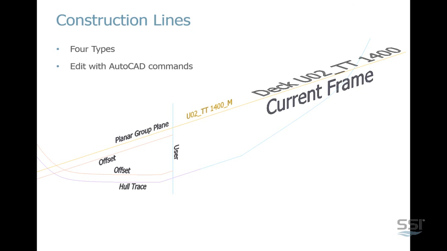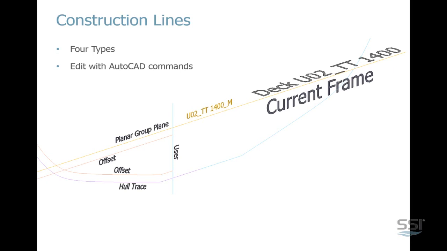So if I move my deck, my TT1400, then when I look into my frame drawing, that construction line is going to move, and it'll now reflect the new location of that deck. Also, any plate that I've defined using that construction line as a boundary or an offset of it will now adjust to the new location as well.